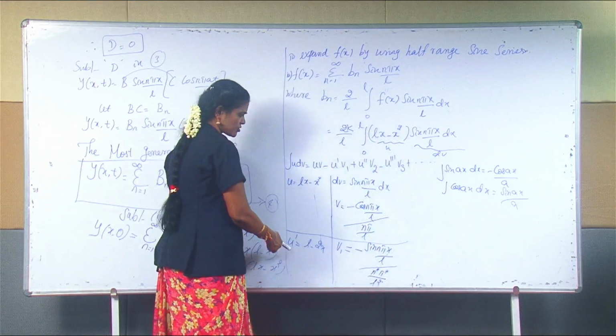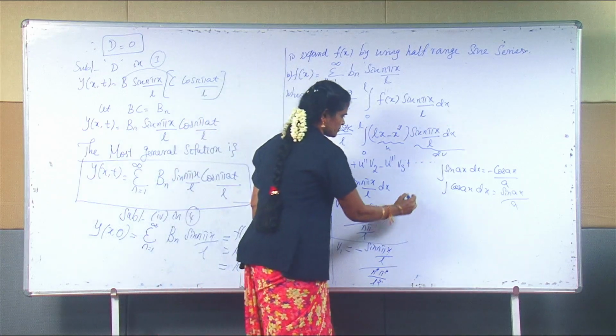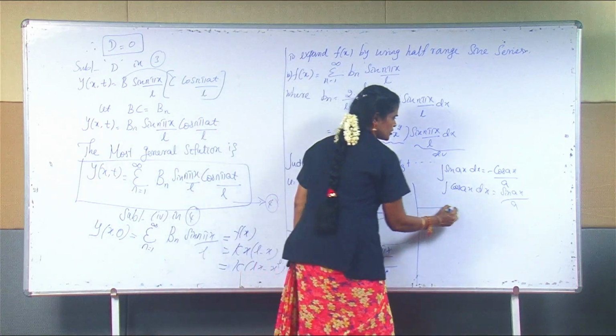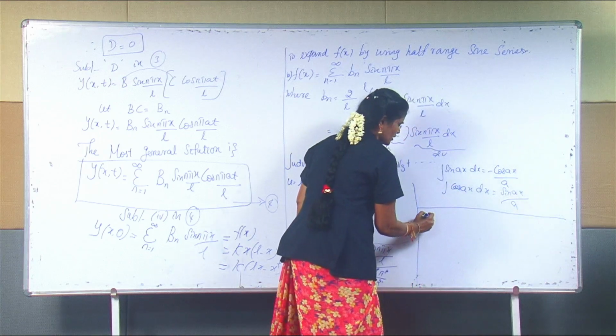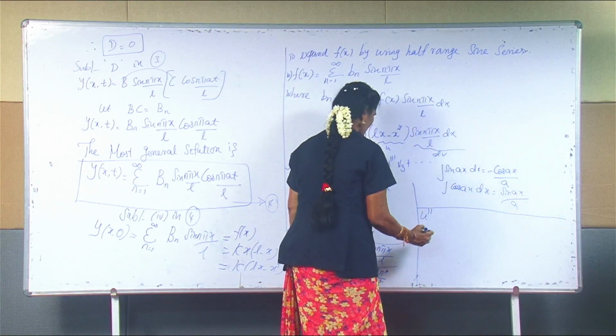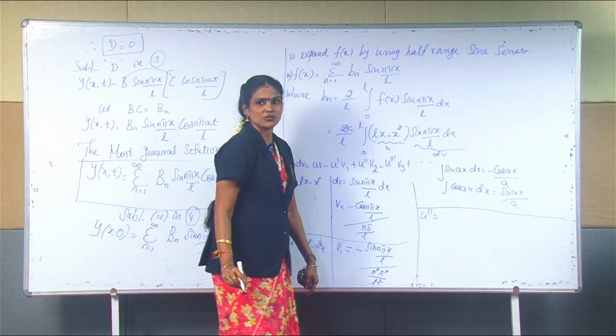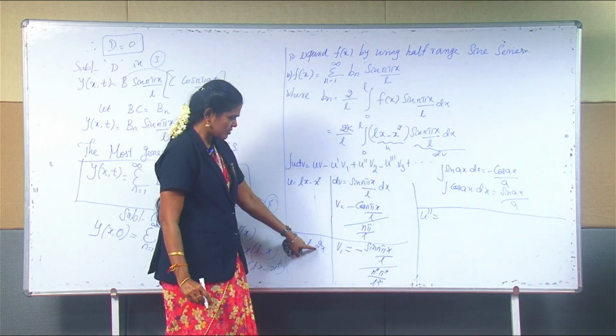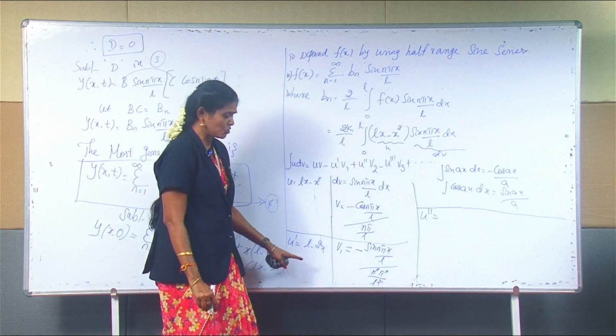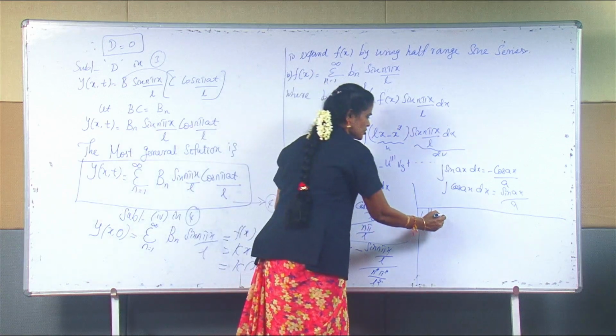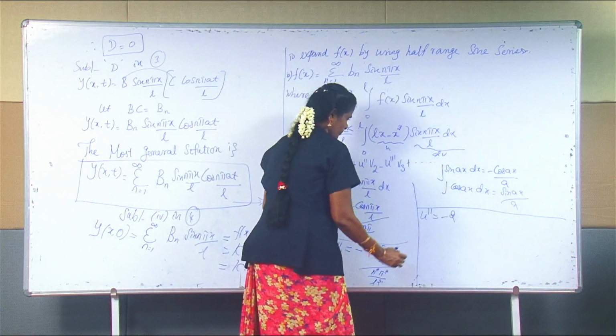Next you have to differentiate u dash. If you differentiate u dash, it becomes u double dash. The differentiation of L minus 2x: the differentiation of L is 0, and of minus 2x is minus 2.